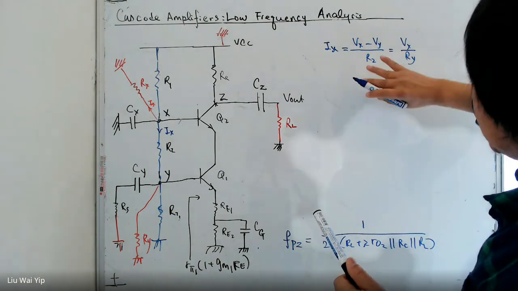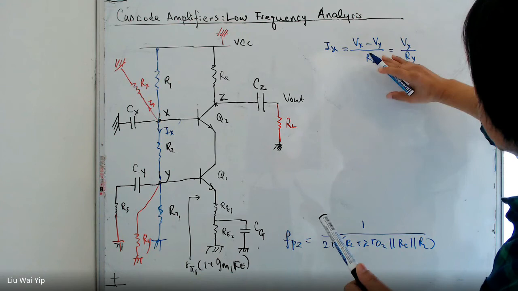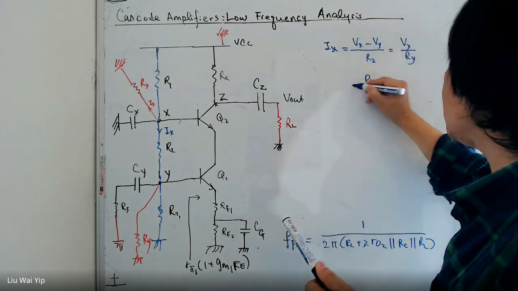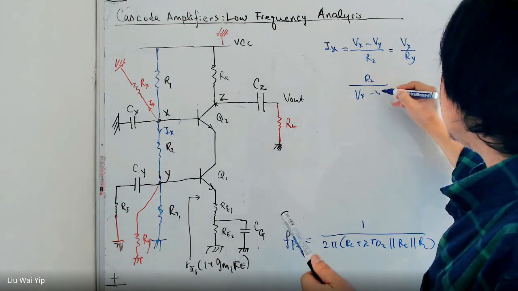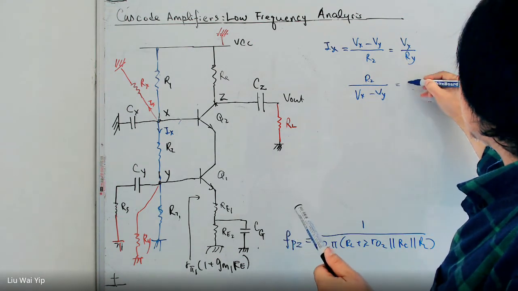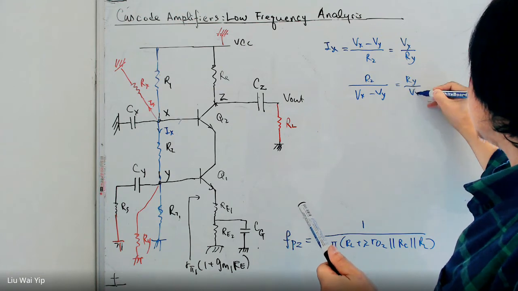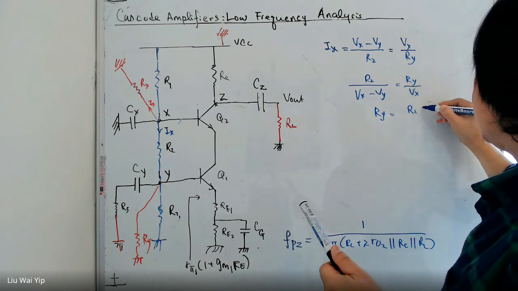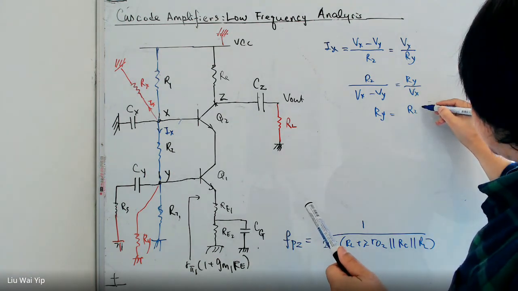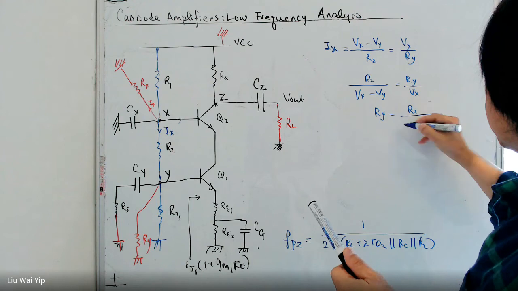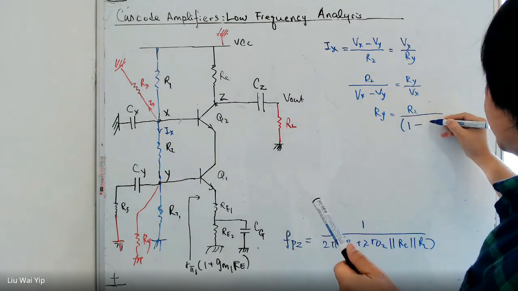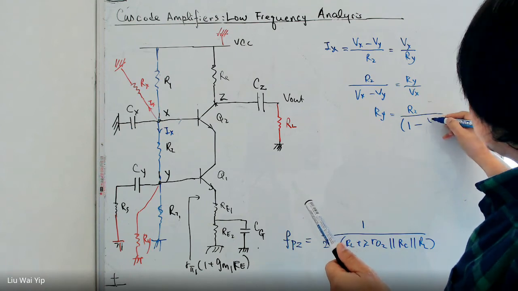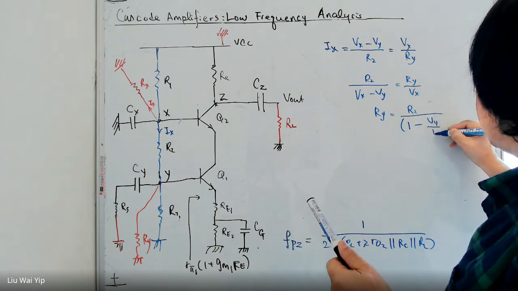What we can do is flip the top and bottom of this equation. So we end up with R2, Vx, Vy, and then Ry. And Ry is going to be equal to R2 times 1 minus Vy over Vx.